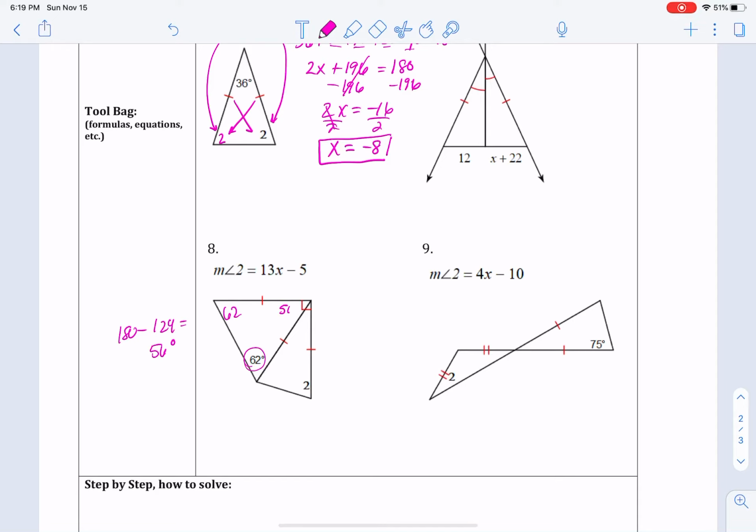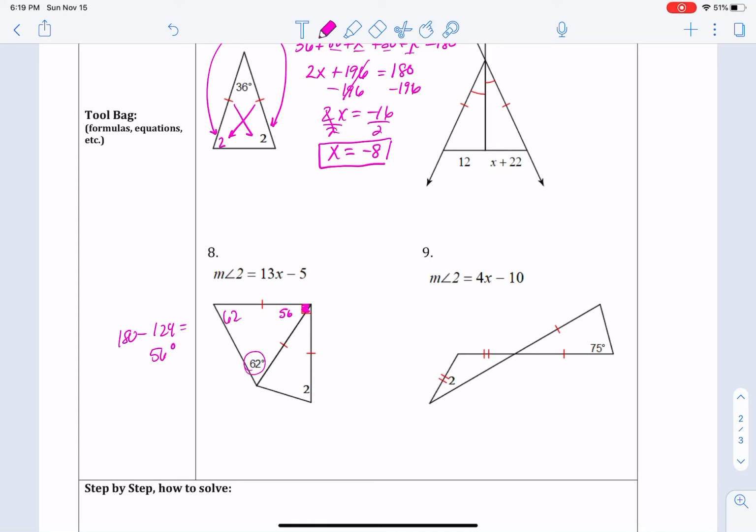So this angle is 56. Because this is a right angle, that means this is 34, because 90 minus 56 is 34.